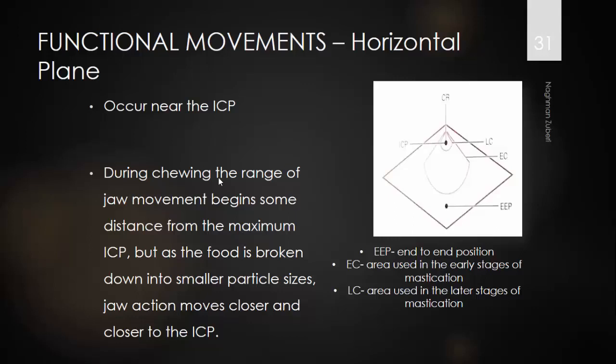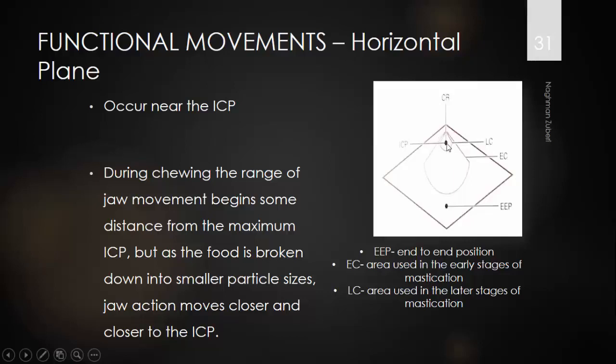So this is the end-to-end position where you incise. The incisors are in edge-to-edge position, and then early chewing or early mastication area, then the later mastication area, which is closer to the intercuspal position.